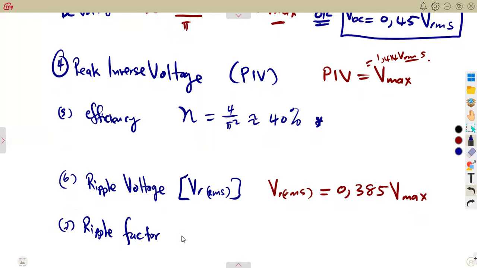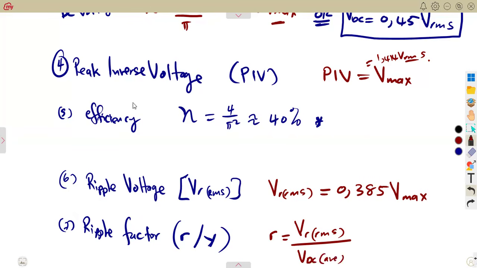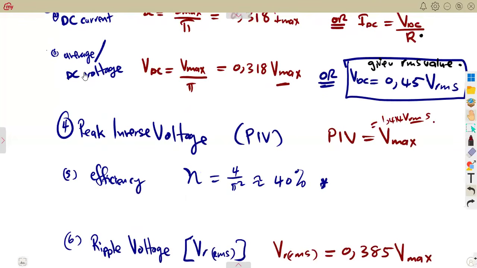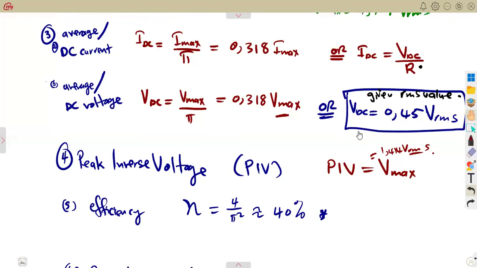The ripple factor is given by the letter R, or they can use the letter gamma, from our Greek letters. R is equal to the ratio of the ripple voltage, V RMS, to the average voltage, which is the VDC average. Remember, we have this average DC voltage here.